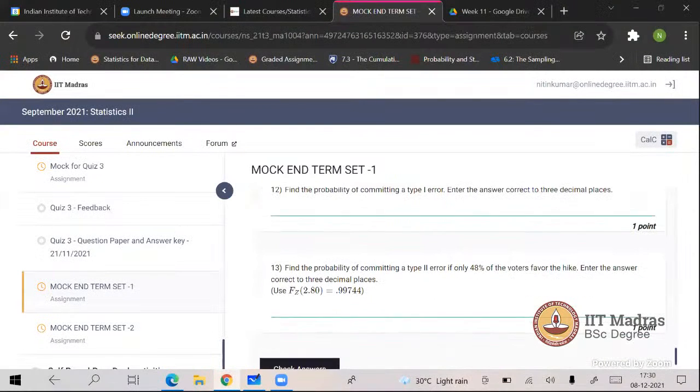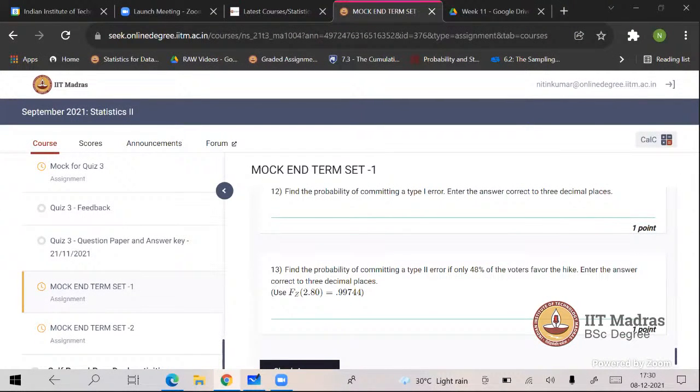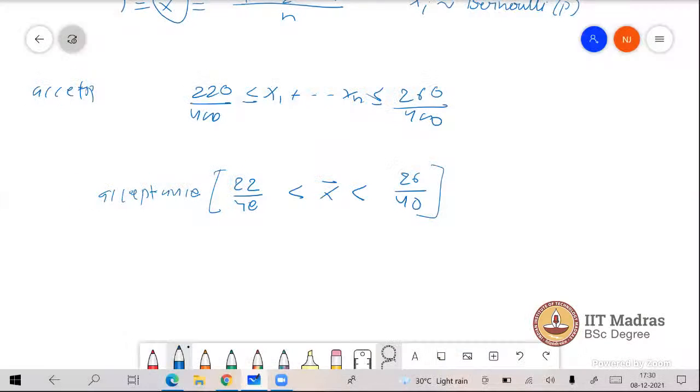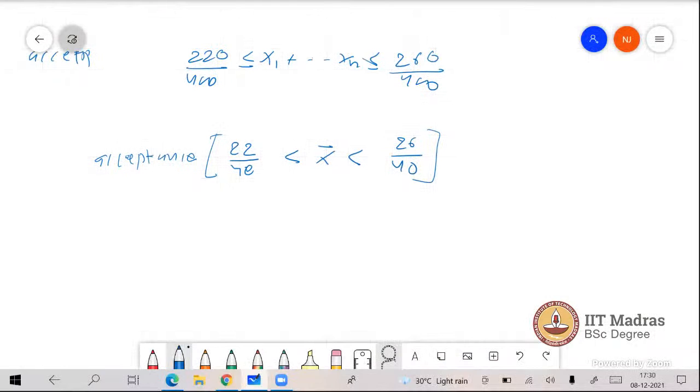Now the 13th question is saying find the probability of committing type II error, right? So what is type II error? Sir, type II error, beta, is the probability of acceptance given that the alternative hypothesis is true. Given alternative is true, you end up accepting the null hypothesis.